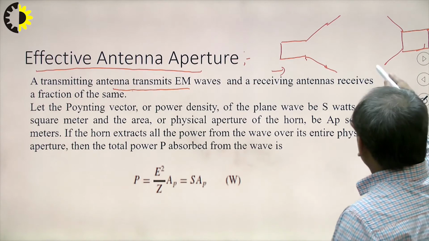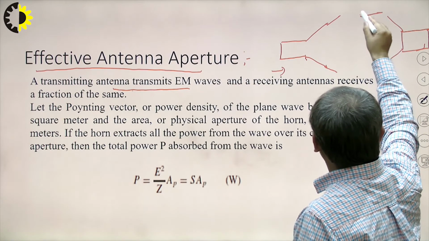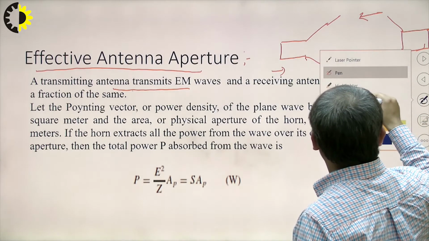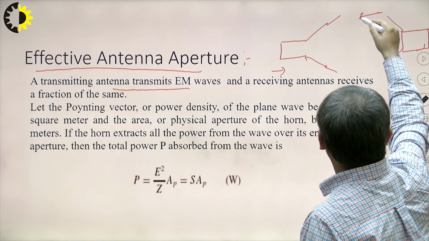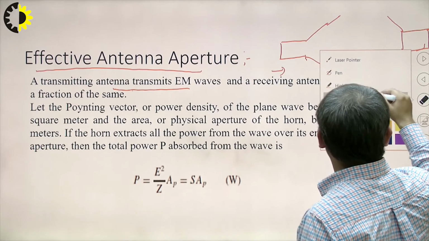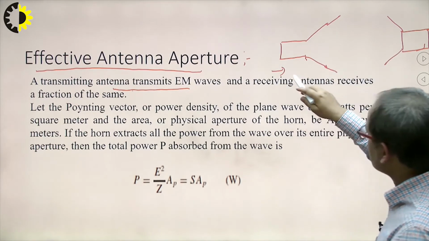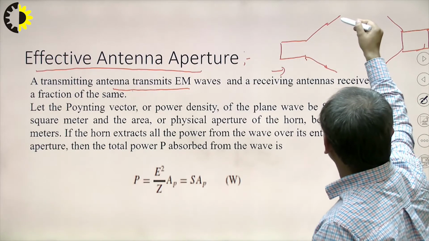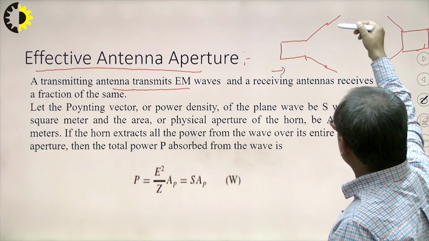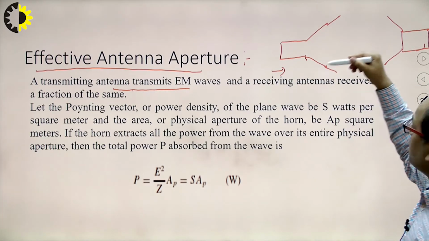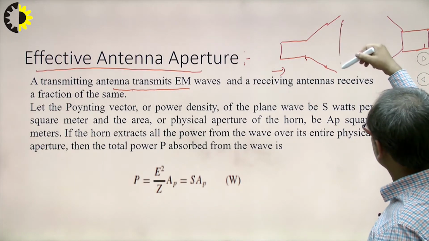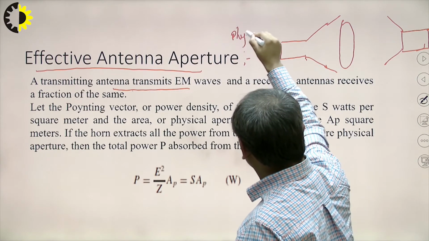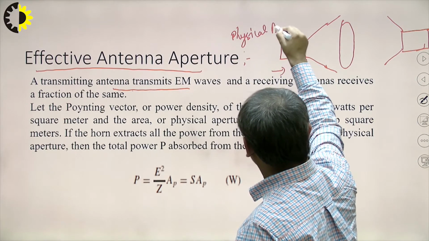Now let's say this is the transmitting antenna, which radiates some energy, and the physical appearance of this aperture, this area, is known as your physical aperture area.